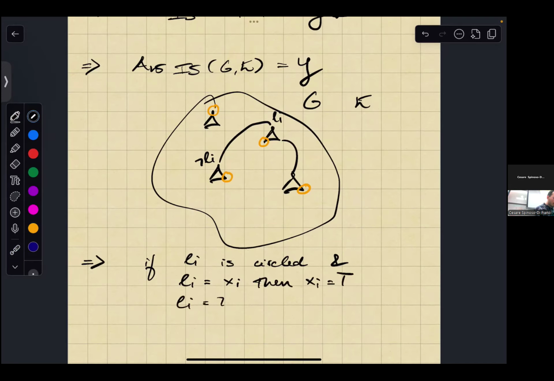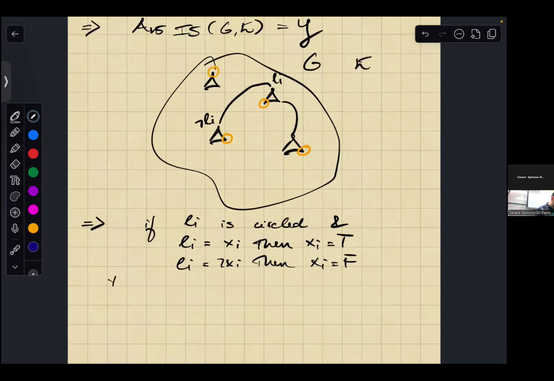If it's not xi, then make it false. So then I have essentially one true for every clause. The remaining variables, the ones I didn't touch yet, I'm just going to assign to true, because it doesn't really matter.